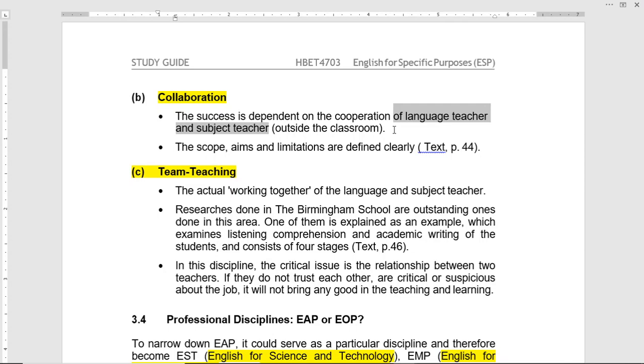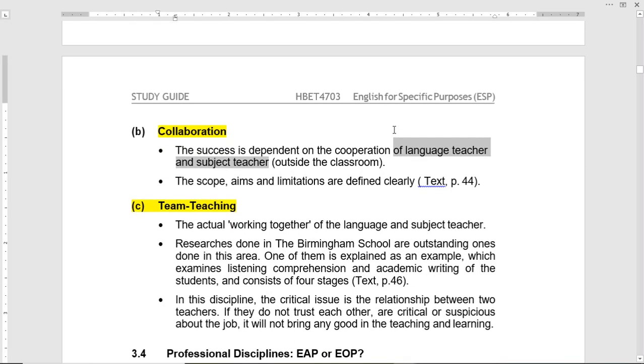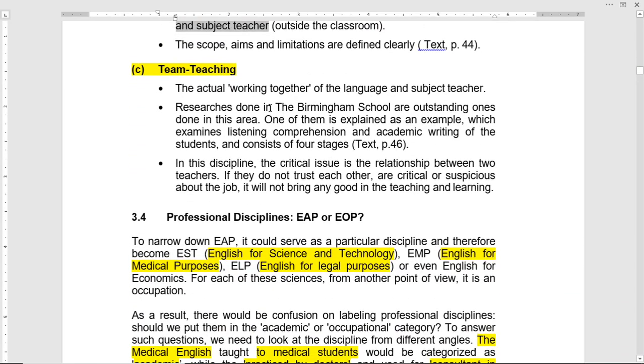Then the number C, team teaching. The actual working together of the language and subject teacher is called team teaching. Research done in the Birmingham School is outstanding in the area. It examines listening comprehension and academic writing of the students and consists of 4 stages, as on page number 46 of the text.